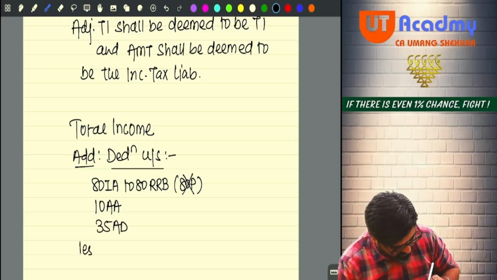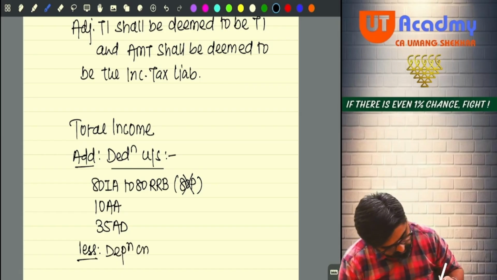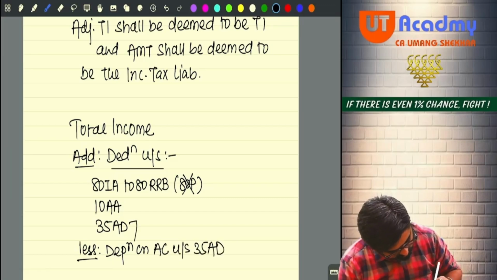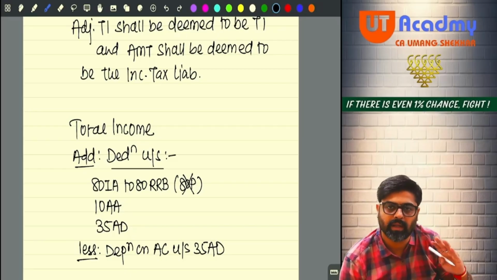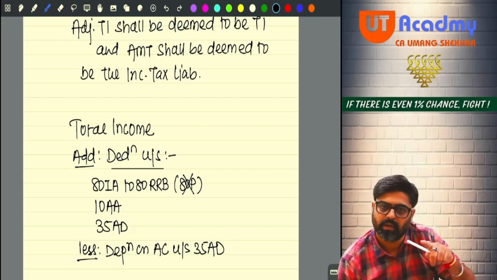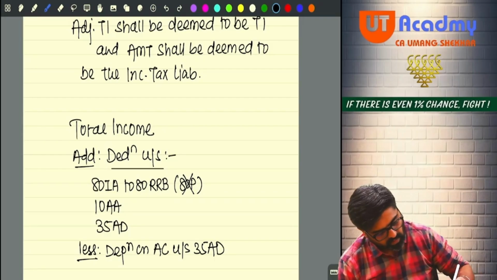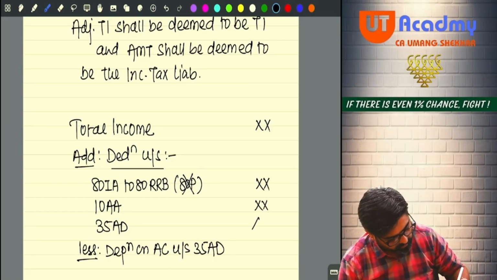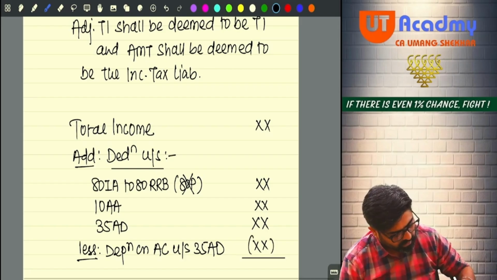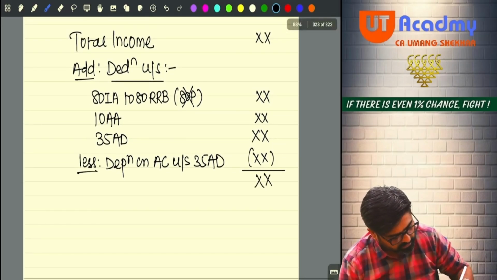But remember, reduce the depreciation on the actual cost which was allowed under section 35AD. On the amount which you are adding back, calculate depreciation for this year and claim that depreciation. Now the total income which you have calculated, these three deductions which you had claimed you are adding back, and the depreciation on the 35AD component you reduce. Have you adjusted your total income?